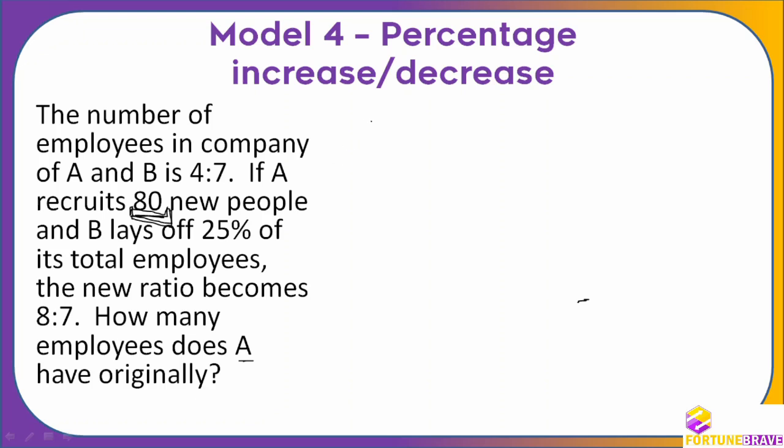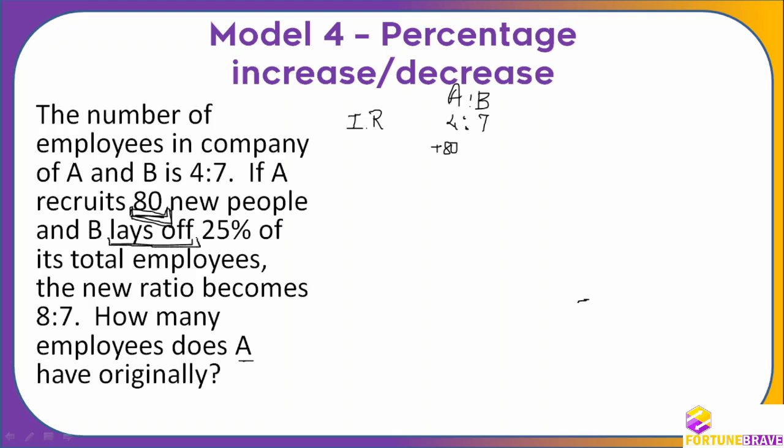So I am going to see this initial ratio. The initial ratio is 4 is to 7 for A is to B. Now here, 80 people are recruited and here B lays off. Lays off means what? Not your eating lays, my dear friend.